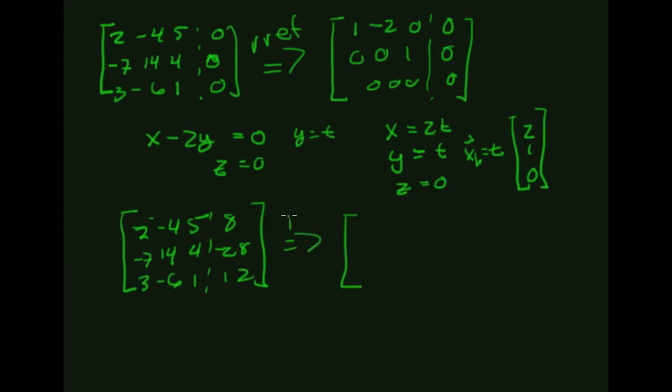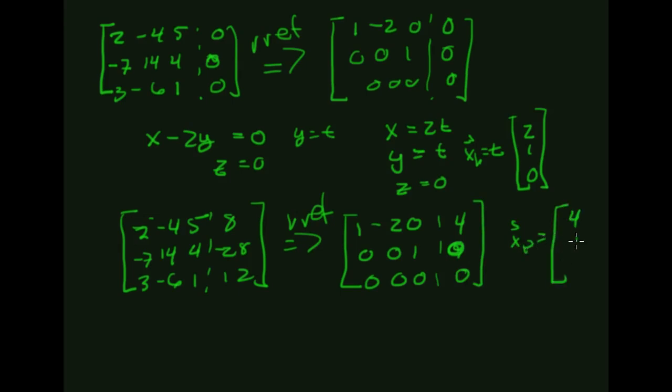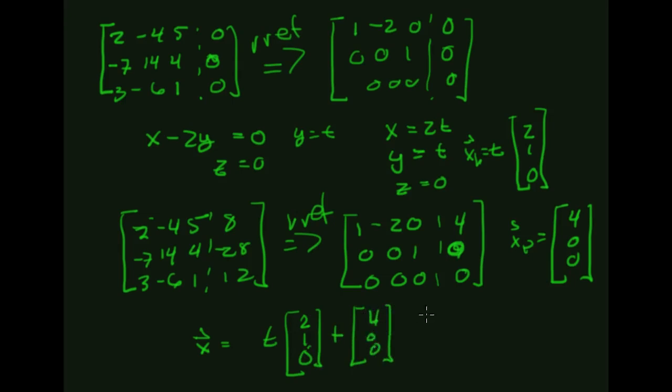And this is going to give me 1, negative 2, 0, 4, 0, 0, 1, 0, 0, 0, 0, 0, which means that my particular solution is 4, 0, 0. So the general solution will be t times 2, 1, 0 plus 4, 0, 0, and for any value of t, that vector will solve this system of equations.